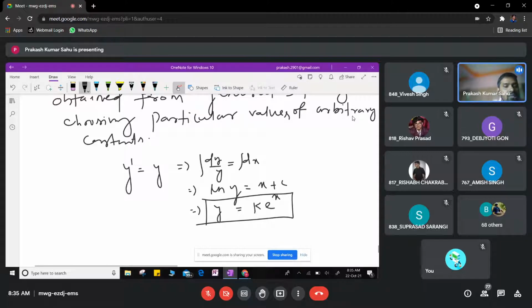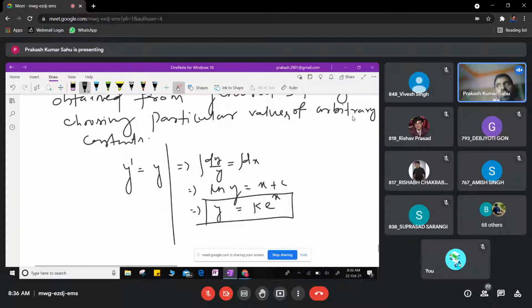Yes or no? Here k is an arbitrary constant. So how to find k? What value do you have to put in place of k? You don't put it arbitrarily. To put the value of k, some conditions are given, and that condition is called the initial condition.